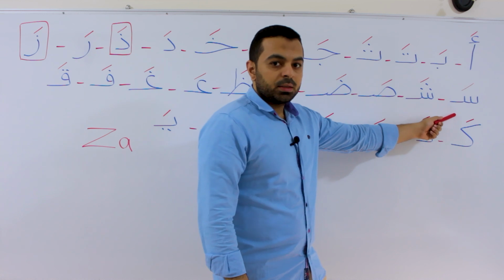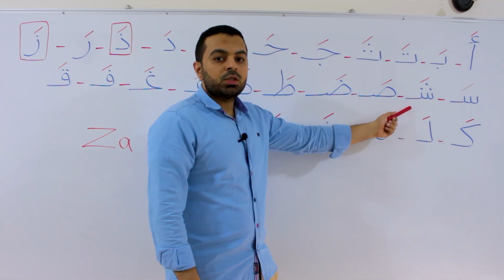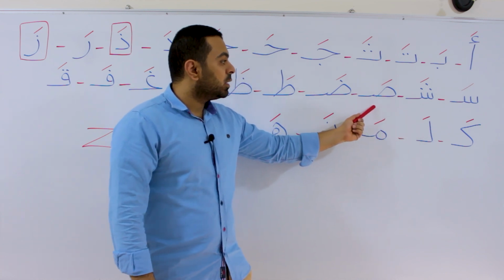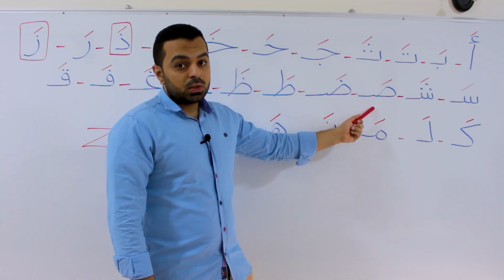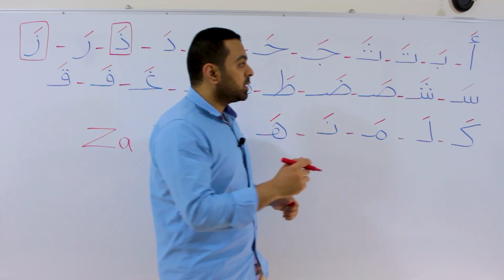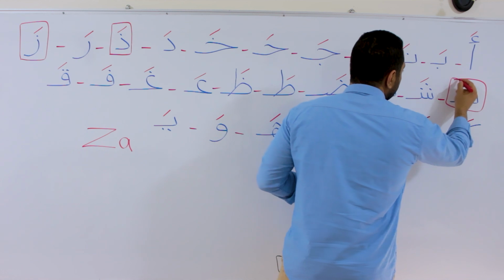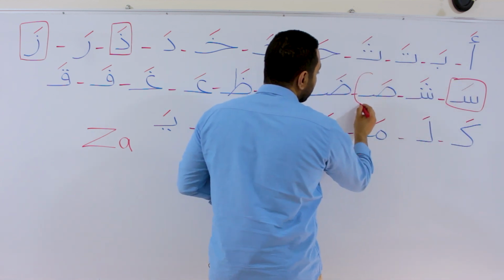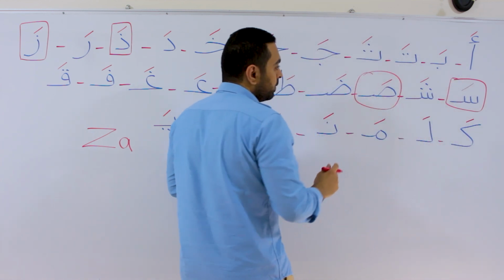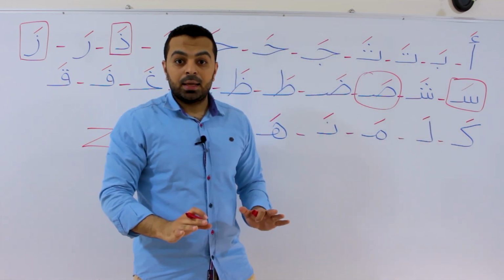After that comes sa, sha, and then another sa, and you need to differentiate between two sounds. This one is sa.